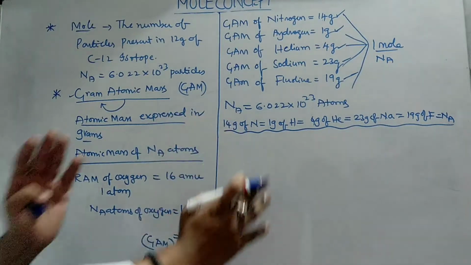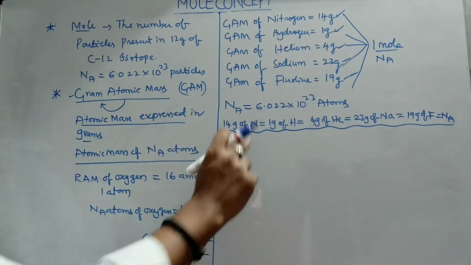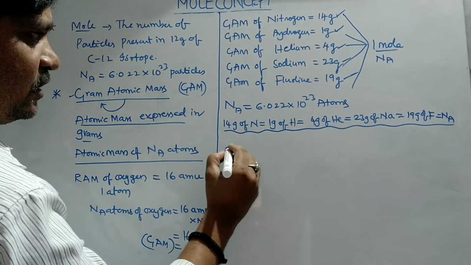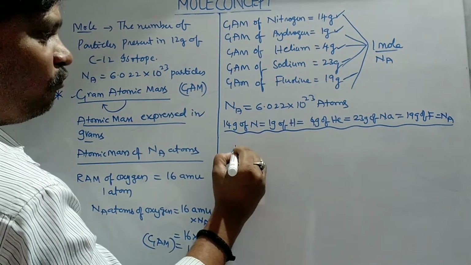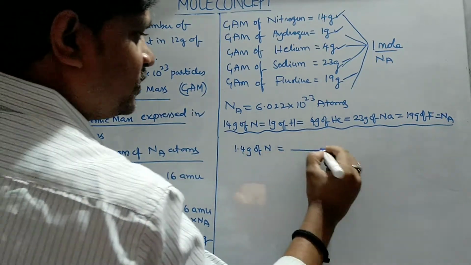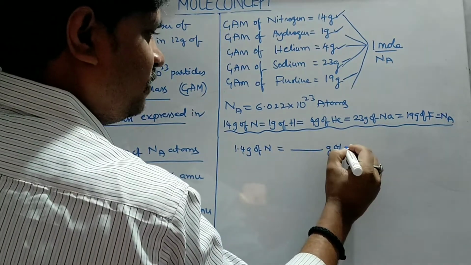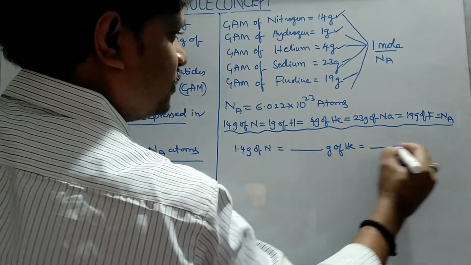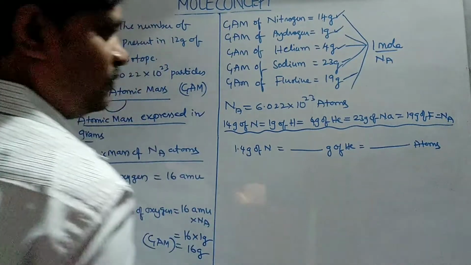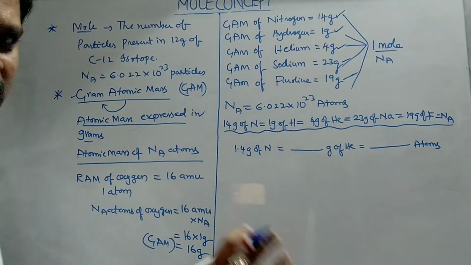Based on that, we can calculate different values. Suppose the question is asked like this: 1.4 grams of nitrogen is equal to dash grams of helium is equal to dash atoms. Simple one, I'm explaining.